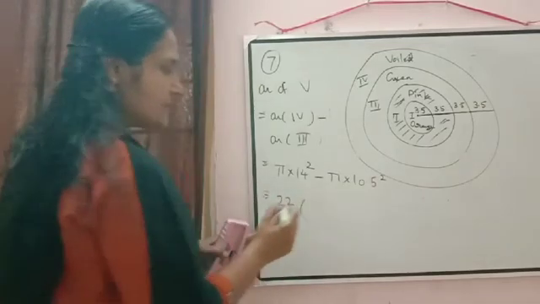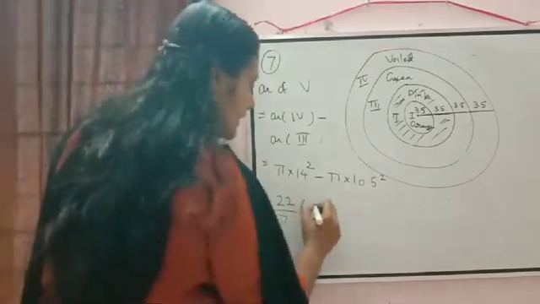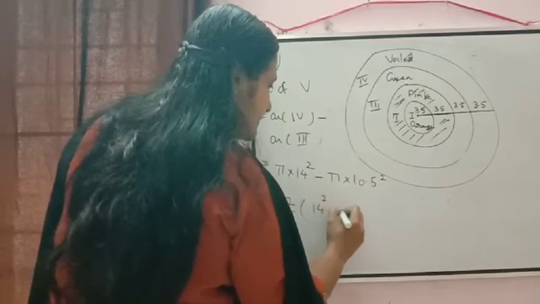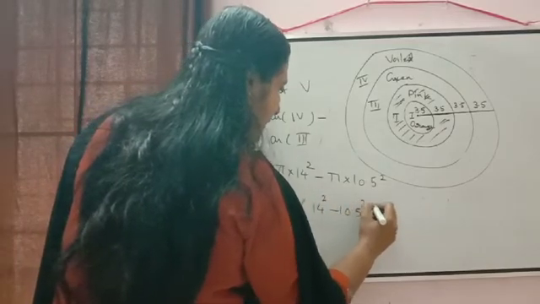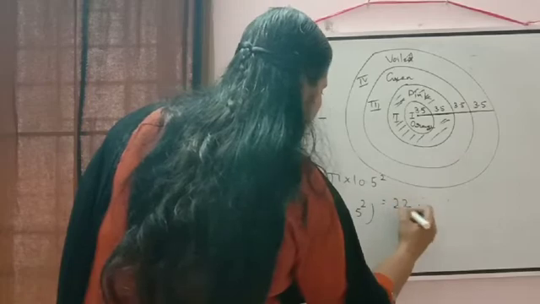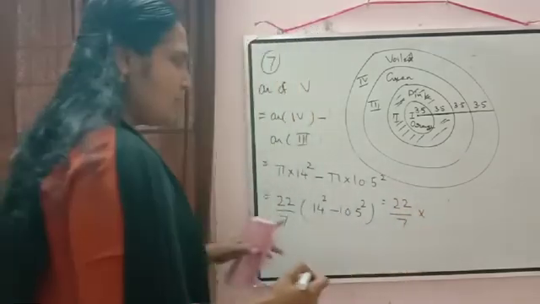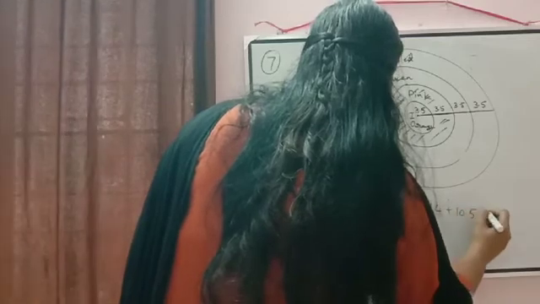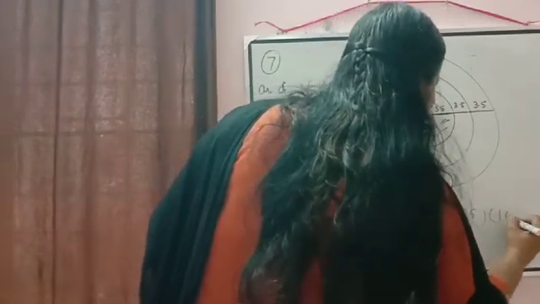Again we will take pi common. So 22 by 7 taken common. Inside the bracket 14 square minus 10.5 square. So it will be equal to 22 by 7 into, here use the identity, 14 plus 10.5 into 14 minus 10.5.